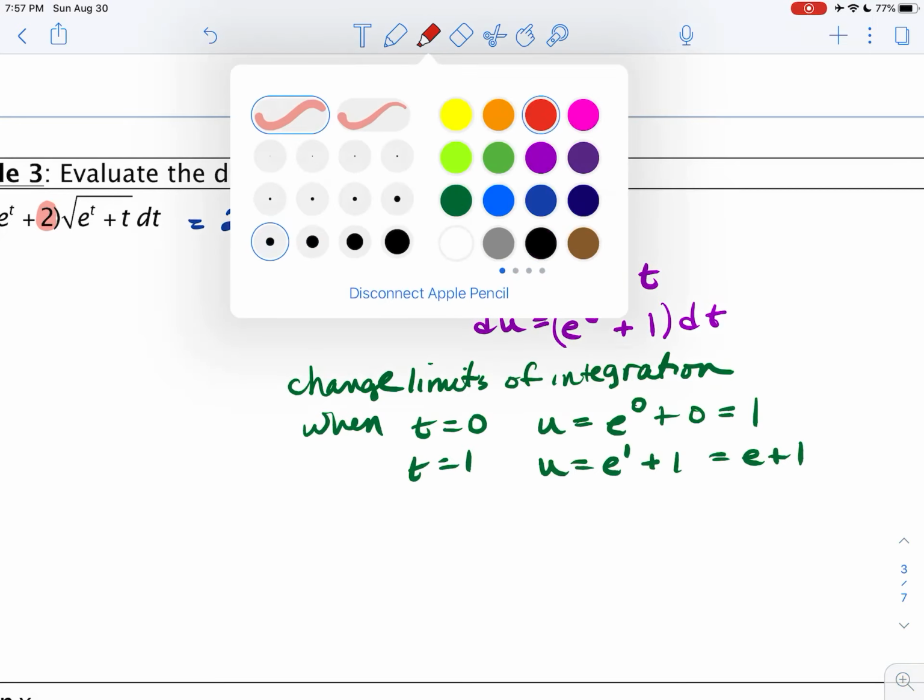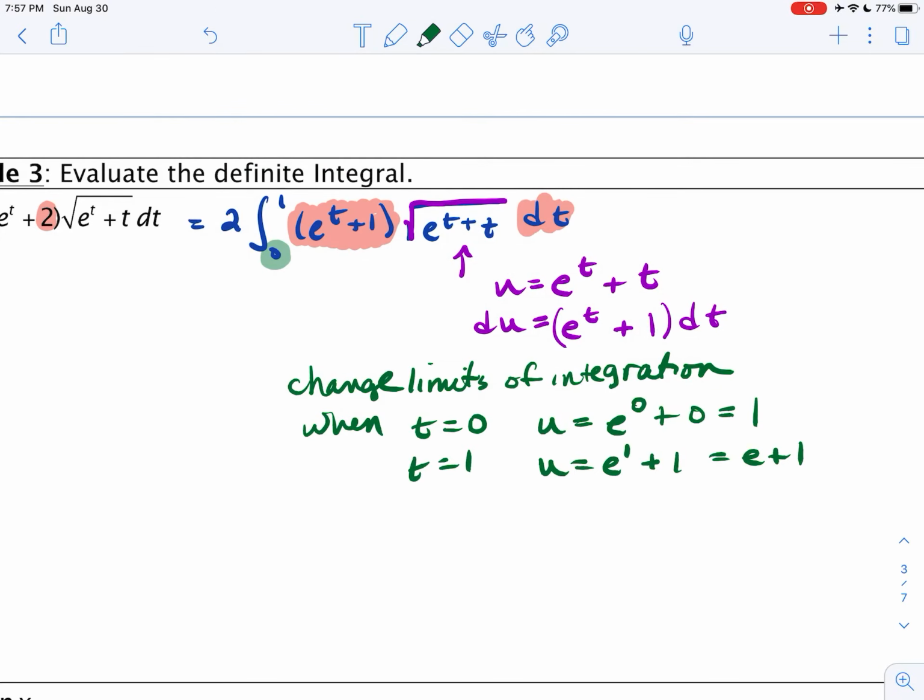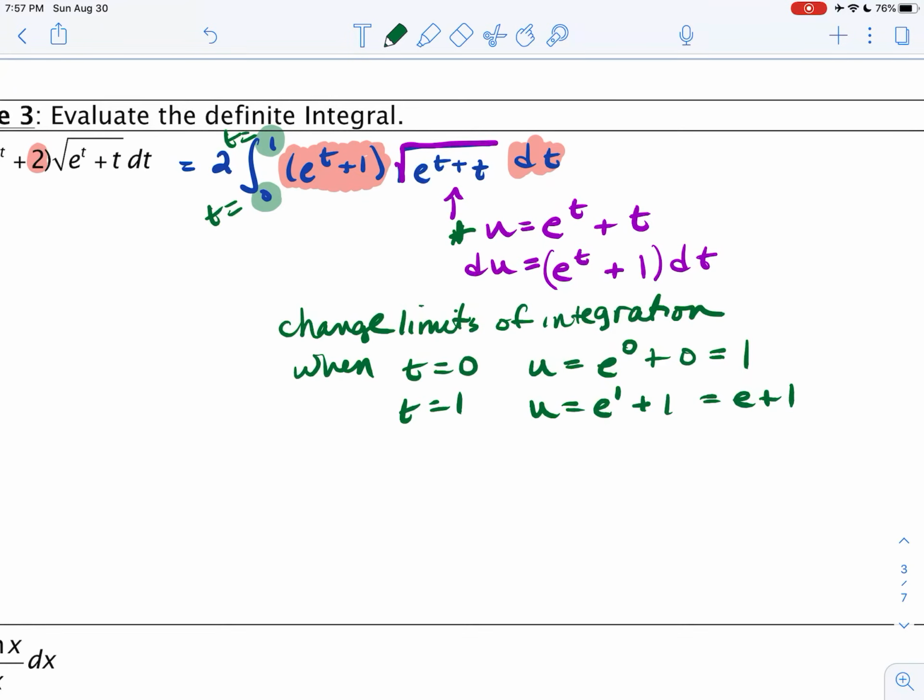Good. So all I'm doing is taking my limits of integration. This is t and this is t, right? That's t equal to 0 and t equal to 1, and I'm just using the new definition of my variable u and making a substitution and finding my new limits of integration.